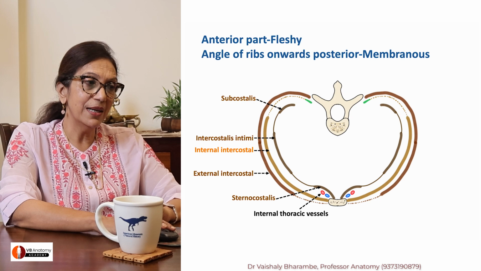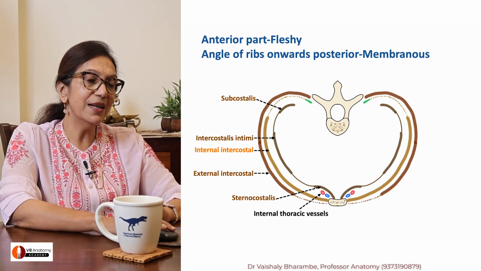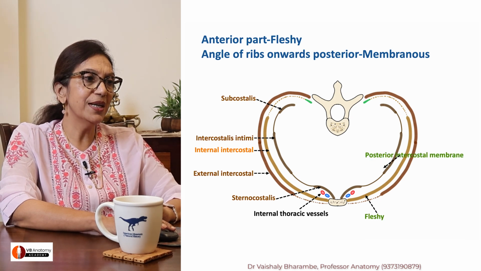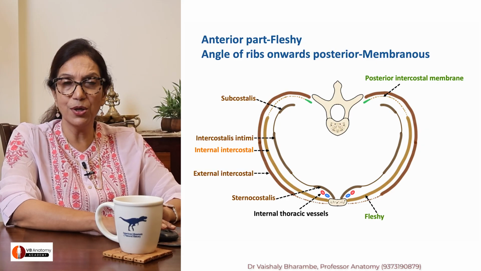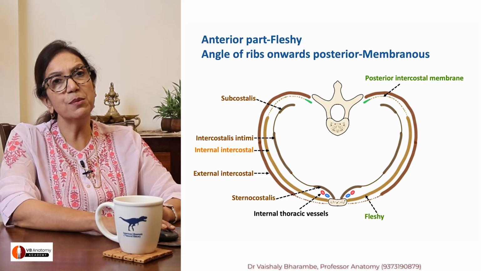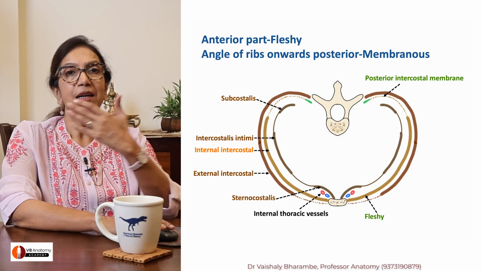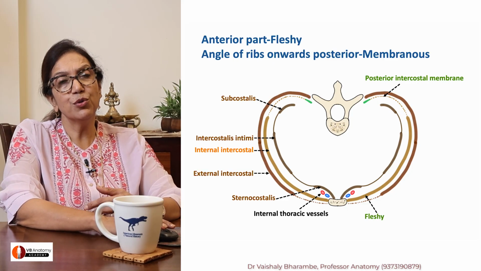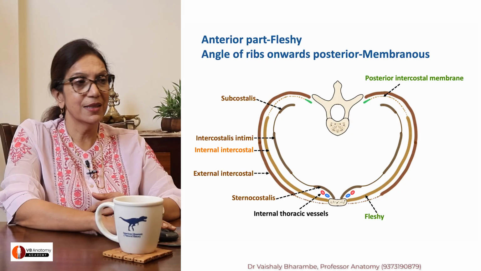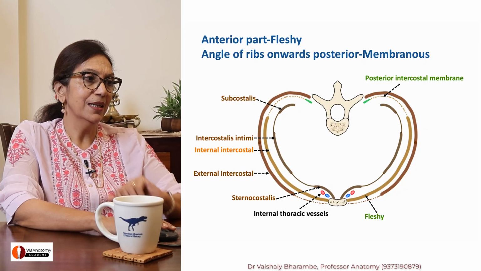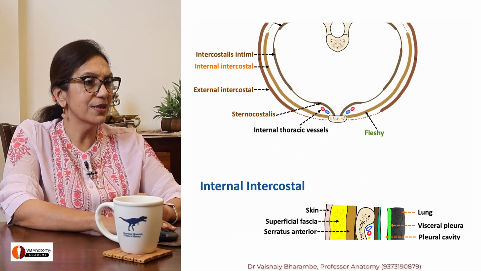Here is your internal intercostal, anteriorly fleshy, posteriorly becomes a membrane, posterior intercostal membrane, which continues medially with the anterior lamina of superior costotransverse ligament. So that's the internal intercostal.